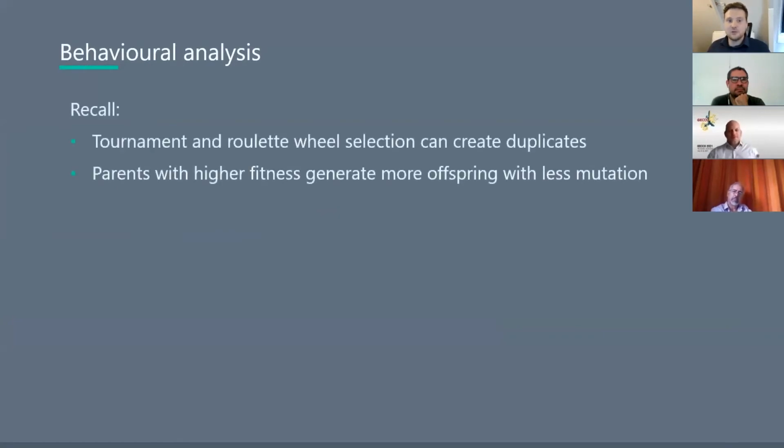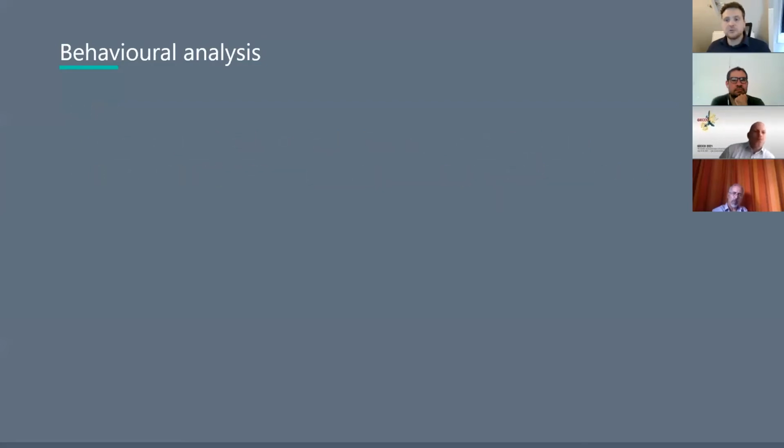First, recall that tournament and roulette wheel selection methods can include duplicates, and that the parents included in the plant propagation algorithm with a higher fitness generate more offspring with less mutation. So first, the behavior I defined as the median fitness, at least that's what we will look at first, on the 20-dimensional Rosenbrock function as an example.